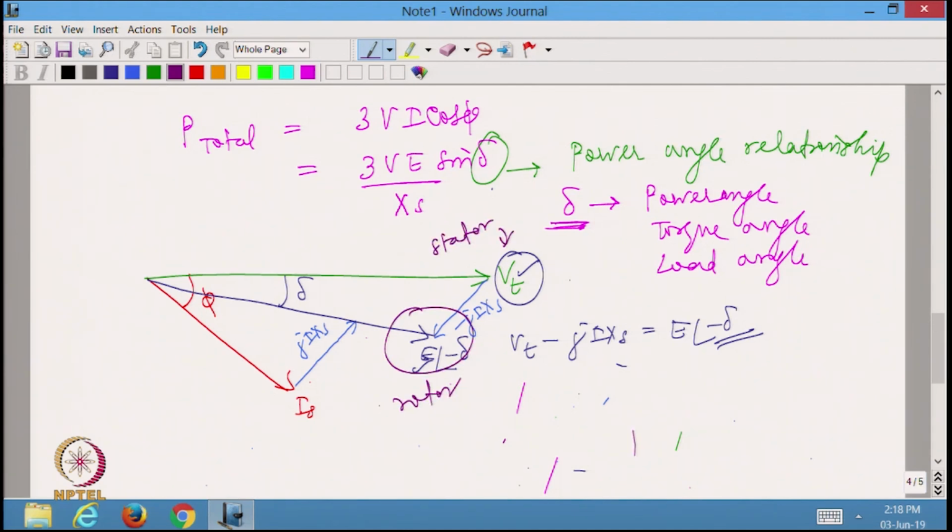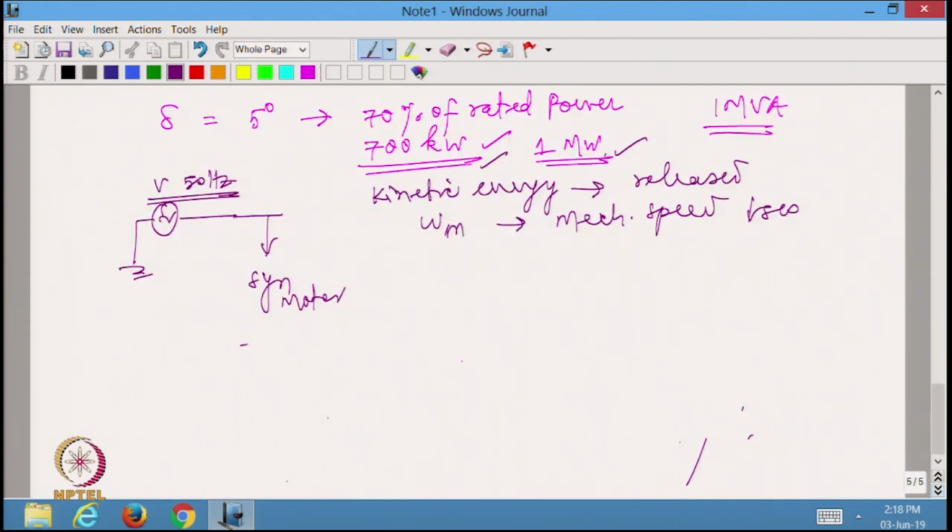The stator frequency is set in stone, that is 50 hertz, whereas the rotor speed is not set in stone, that depends upon at what velocity the rotor is rotating. We said that the rotor speed has come down. Maybe originally it was rotating at 1500 RPM, now maybe it has come down to 1490 RPM.